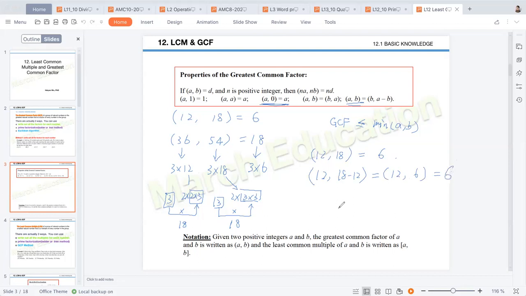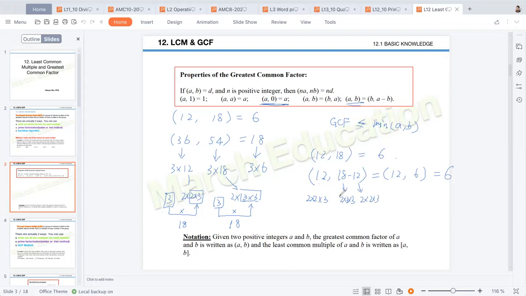And what's the logic of this? You can see, because 12 can be read as 2 times 2 times 3, and 18 is 2 times 3 times 3, and 6 is 2 times 3.